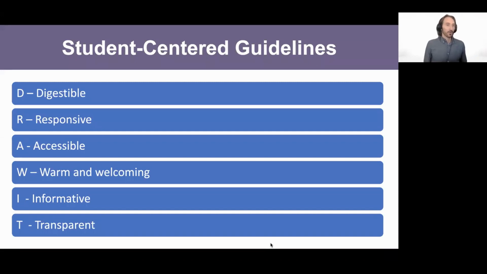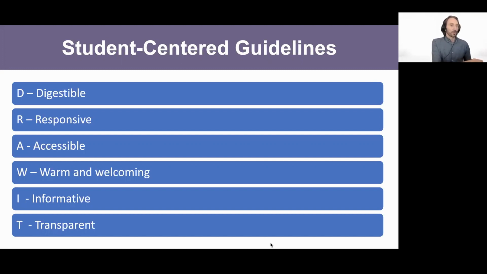So by digestible, we mean that it's free of noise, there are no long scrolling pages. Responsive, that the content on the pages adjusts to fit different screen sizes, whether you're switching from a mobile device to a computer.